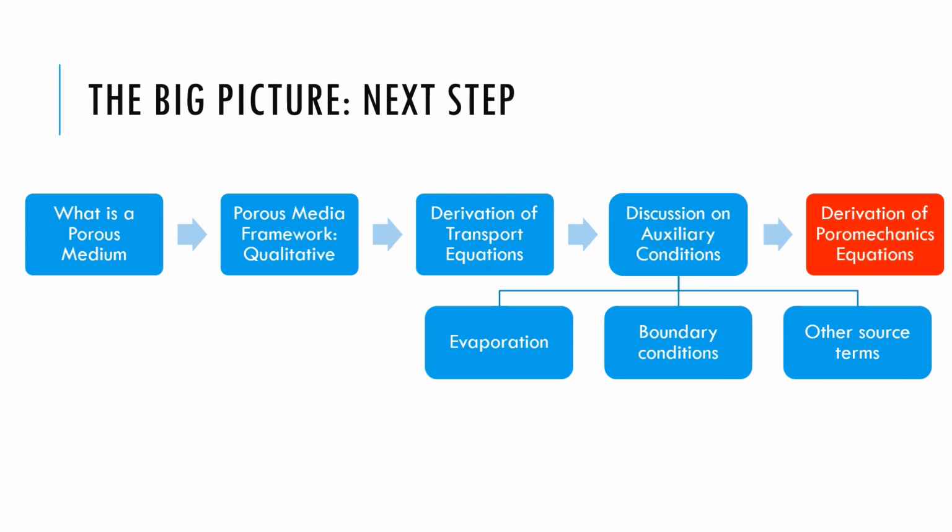So continuing on in a big picture way, what is next to follow? If we want to be more realistic, then we know that food almost always shrinks due to loss of water or expands due to gas pressure. So there's change in the size, and we have to include that if we want to be realistic. We need to include this deformation, shrinkage or swelling that can change the transport processes substantially.